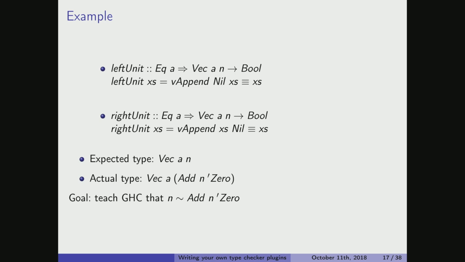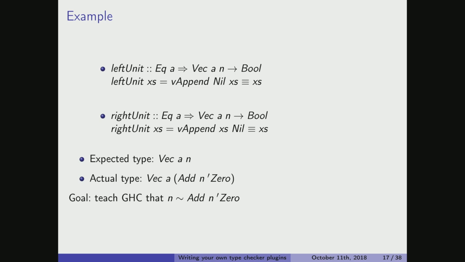So coming back to our example of adding this new constraint that we can solve, that n plus 0 actually equals n. How can we relate that to the plugin interface that we've seen so far?